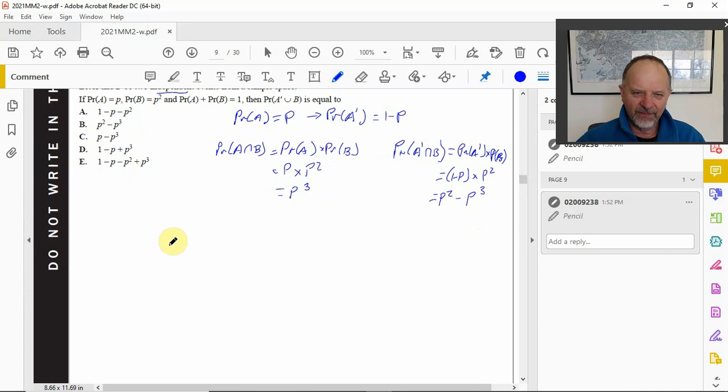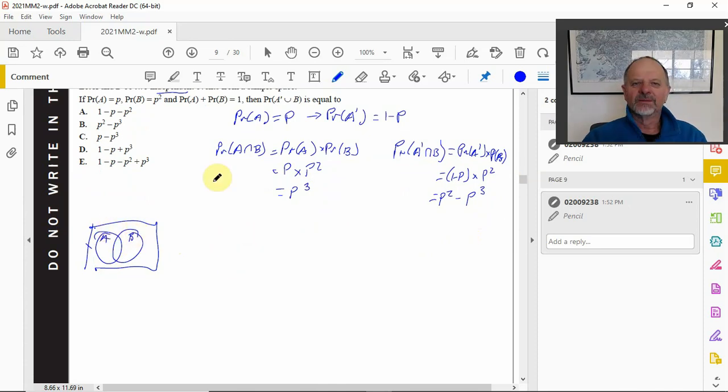Well, why I've done that is if I have a little thing here, there's A and there's B. So what we are interested in is the probability of A dash union with B. So let's have a look.